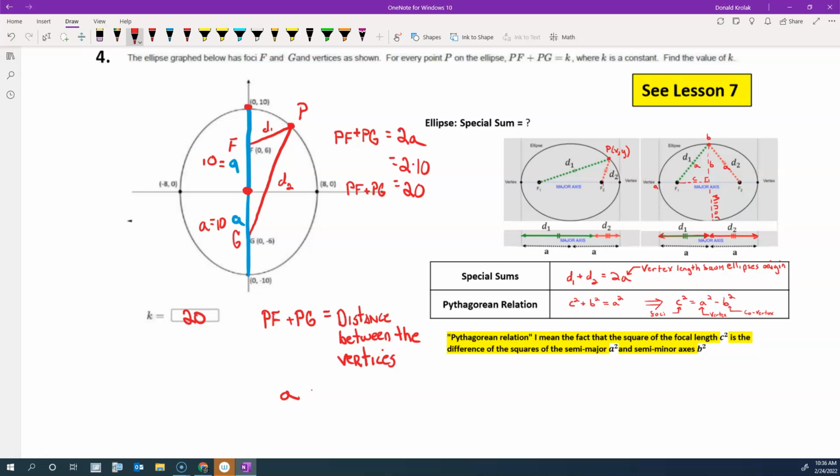A is the distance from the vertex to the origin. So that's why it's half this distance.